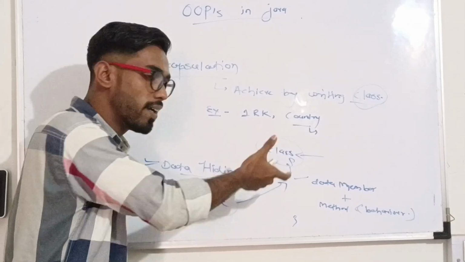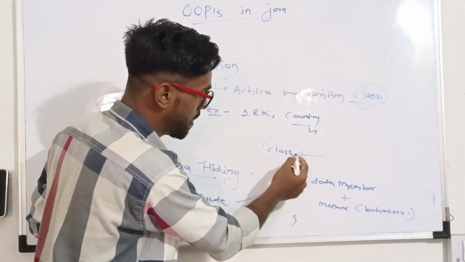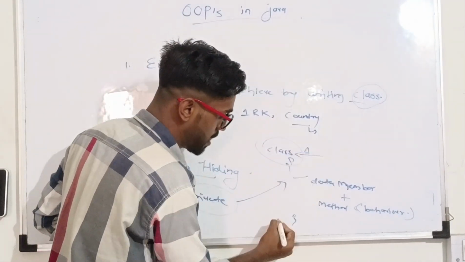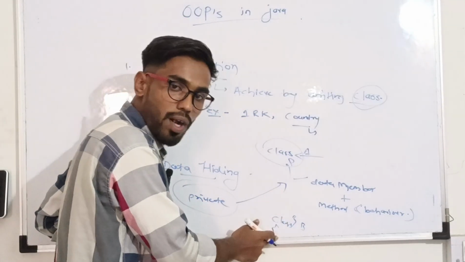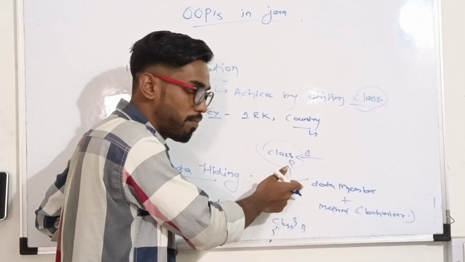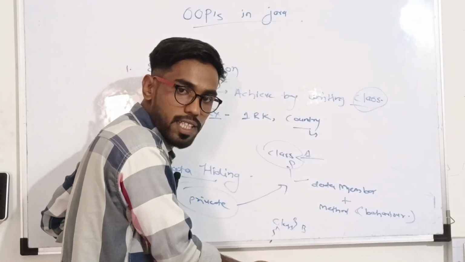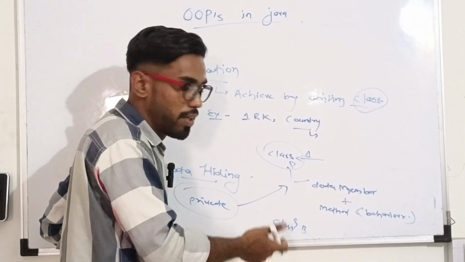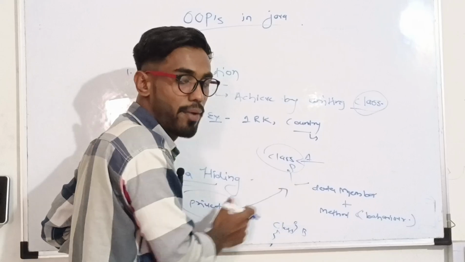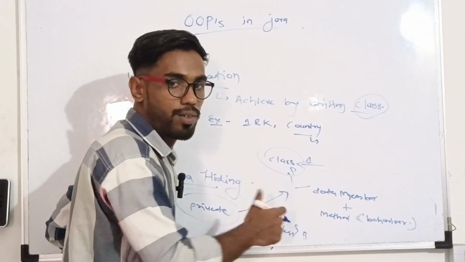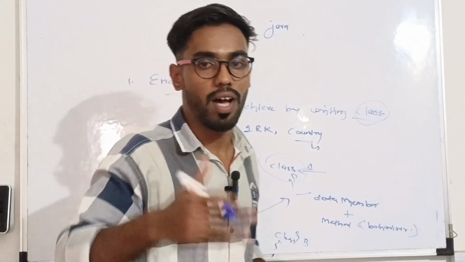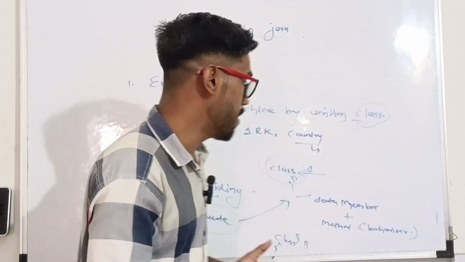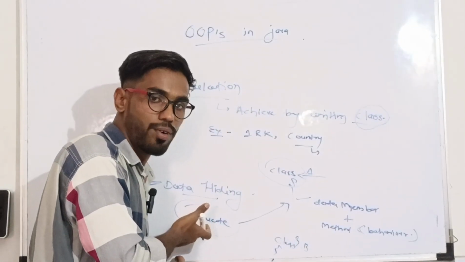So if there is a class A and a class B, and we want to access that variable in class B, that is not possible if we apply the private access specifier on that variable. That variable cannot be accessed by an outsider. That is the concept of data hiding, nothing more than that.